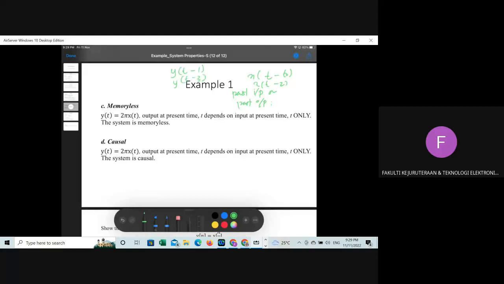The minus here shows it already happened, the past. If you have y(t plus 1), this is the future.